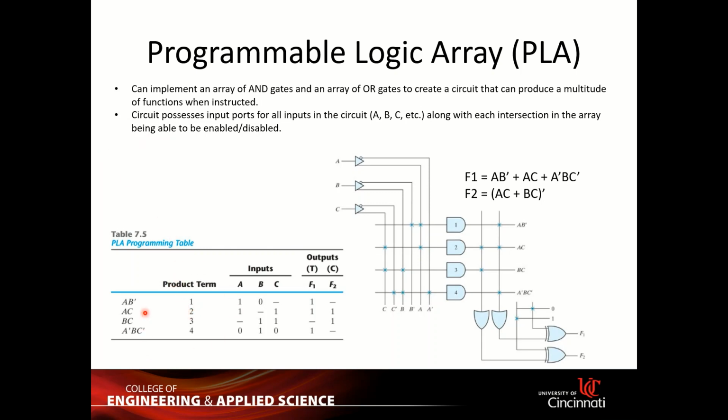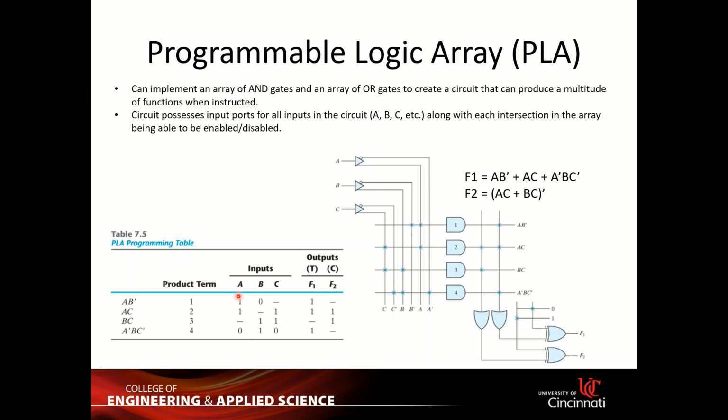So the first section here is basically just a list of the terms, number 1, 2, 3, 4. This section, the input, describes the connection or the path between ABC, which is the input, and the AND gate. Okay. This section right here, the output section, describes the path between the AND gate and the OR gate. Okay. T stands for true, which is nothing changed. C stands for complement, which is flip the whole function.